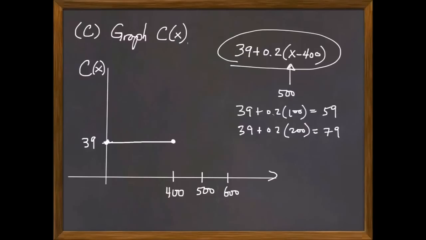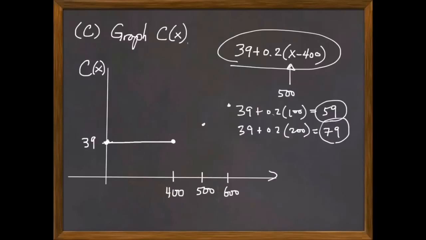So go over here and grab the point 500, comma 59. That would be right about here, and grab another point which is 600 for the x, but then 79 for the c. That would be about right there.